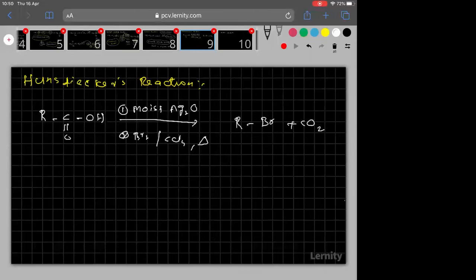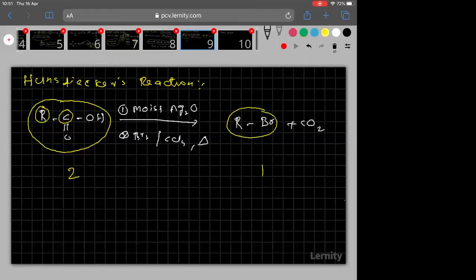Right. Here, did you notice one important thing? In this starting reactant, how many carbons are there? 2 carbons. How? This is 1 carbon, and R is nothing but an alkyl group, which is also a carbon. So 2 carbons are there. And in this bromoalkane, only 1 carbon. So this reaction is used to descend the series. Very important point to be noted: this reaction is used for descending the series.